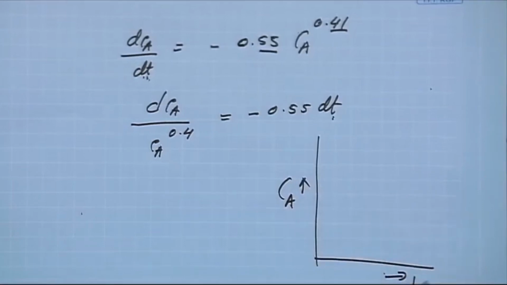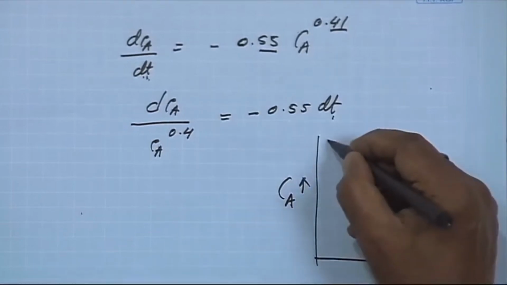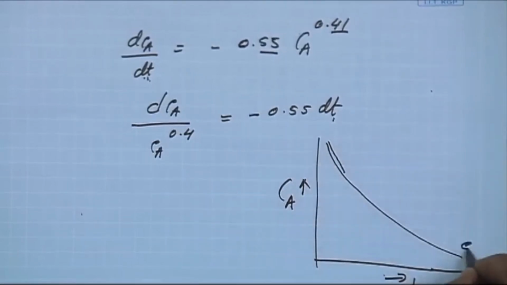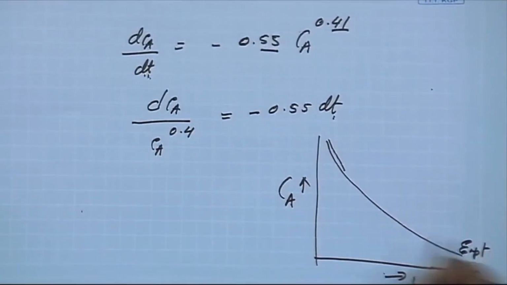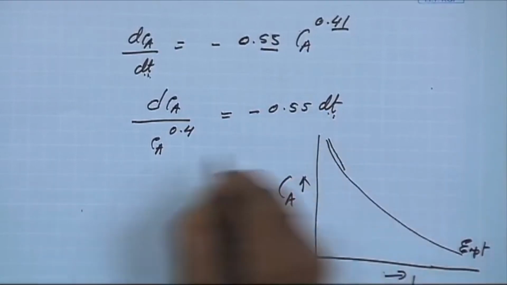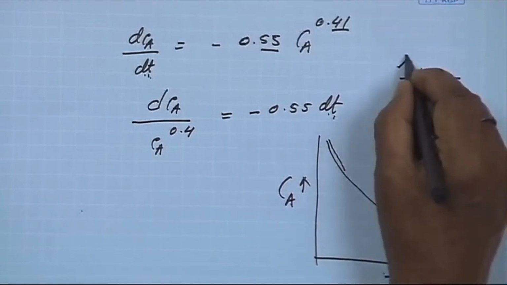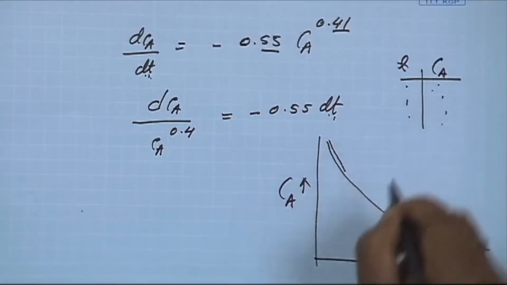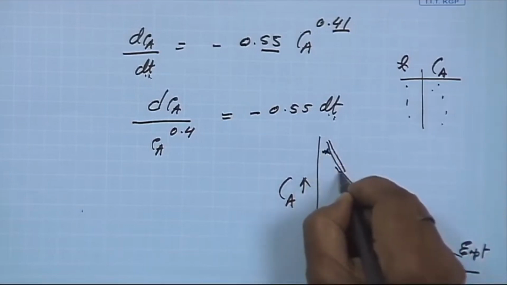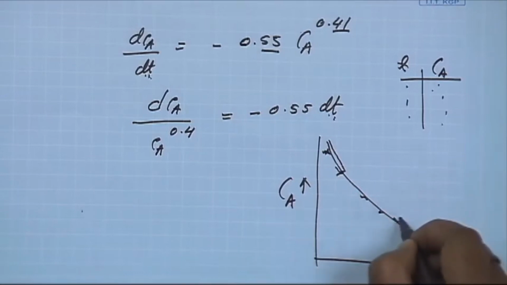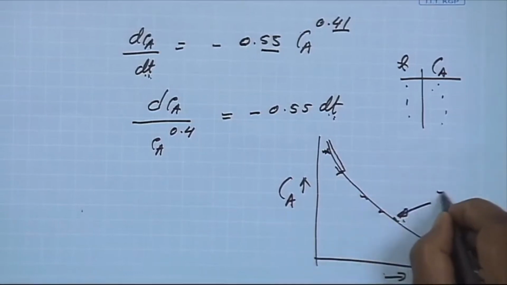The Ca value we have already determined in the laboratory system, this is the experimental value. Now we can calculate theoretically also. We can assume the value of t, and we can find out the corresponding value of Ca. This I can write here, this is what you call the theoretical value.